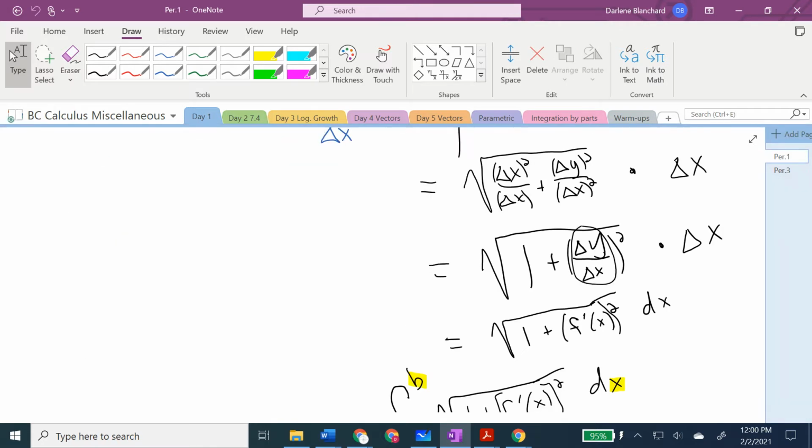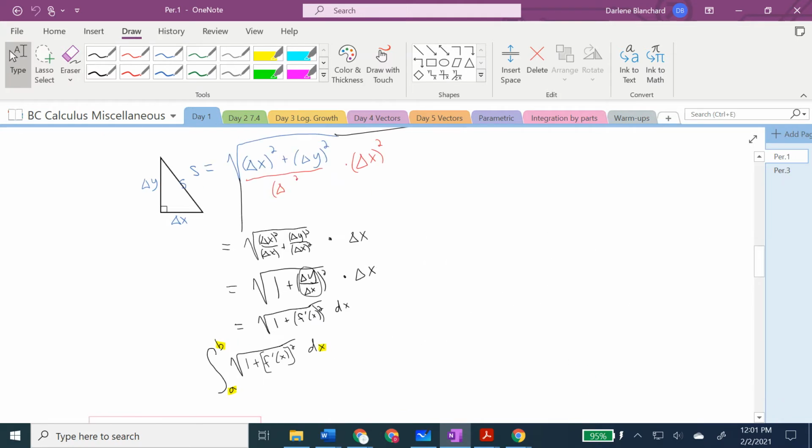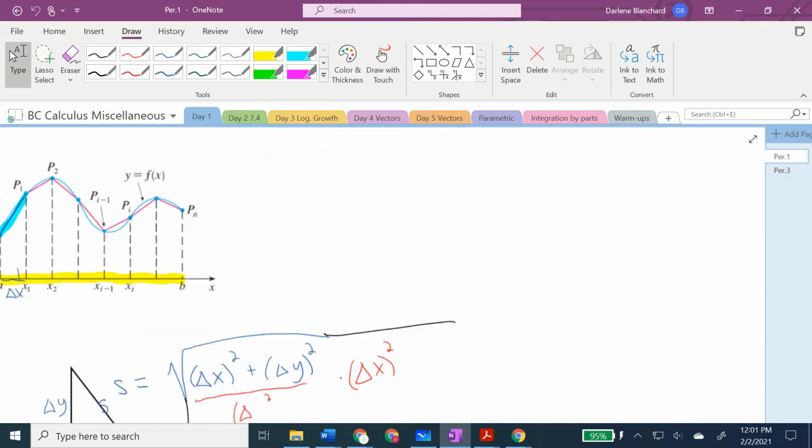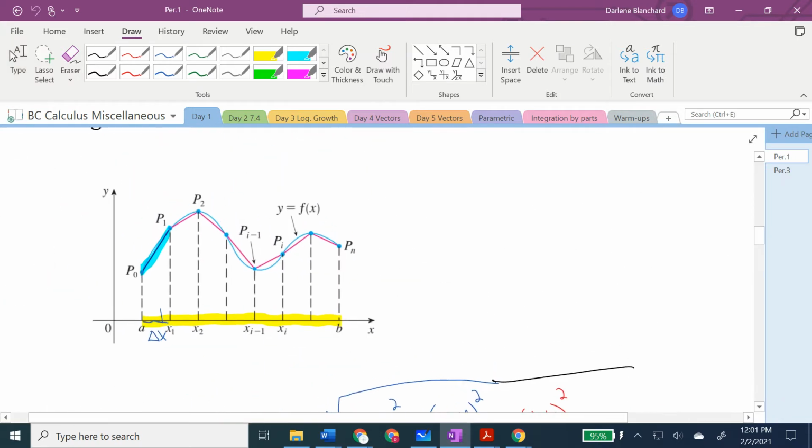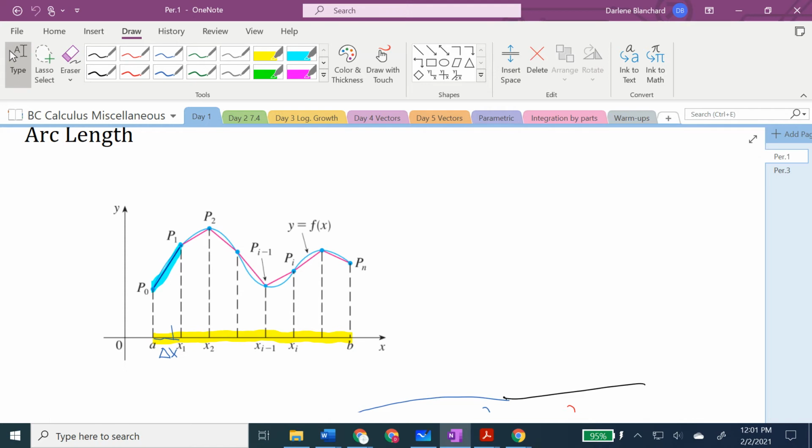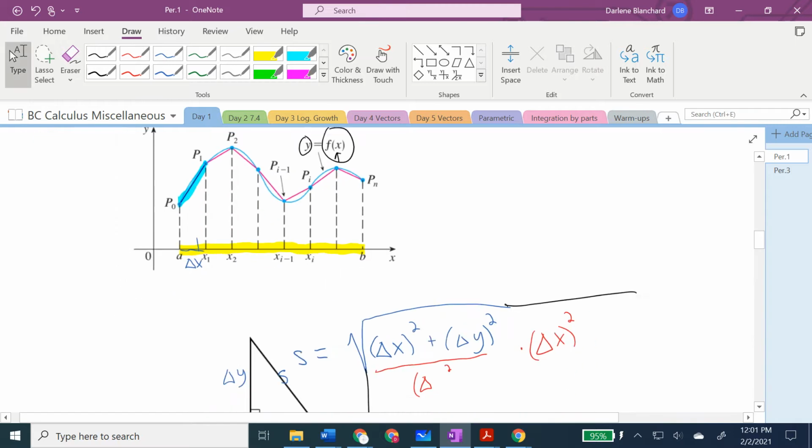When we did arc length, we were looking at a singular function y with respect to the x variable. So we were stuck with a certain type of function when we learned that formula.